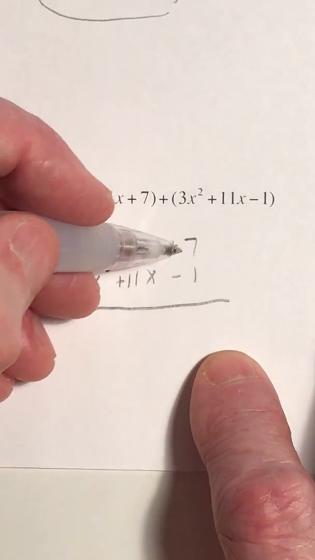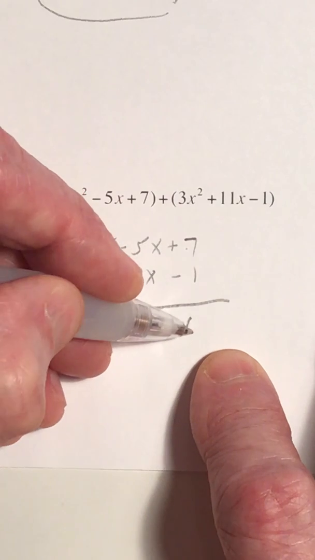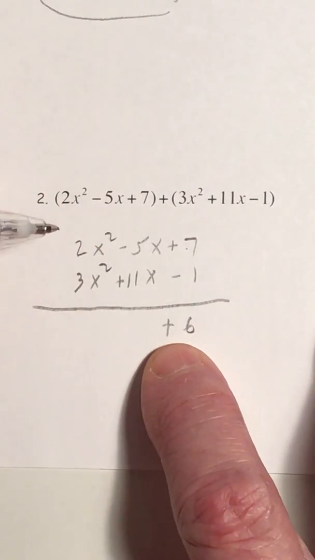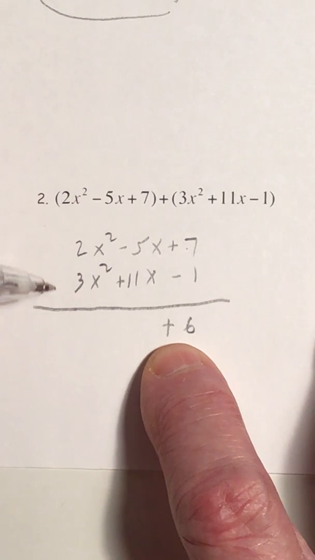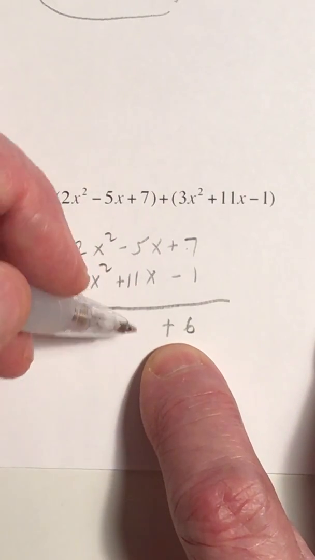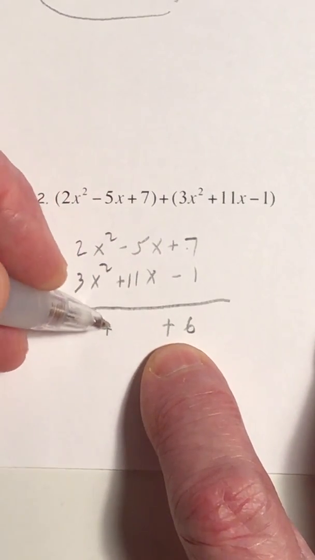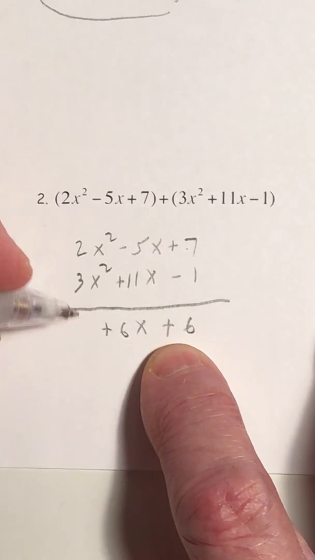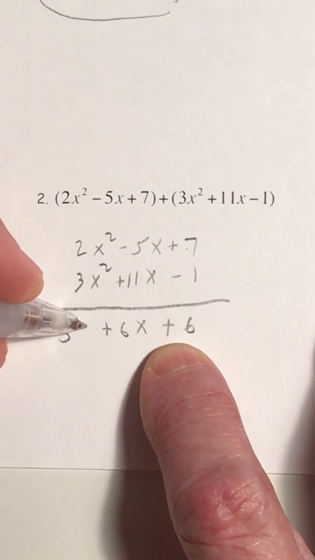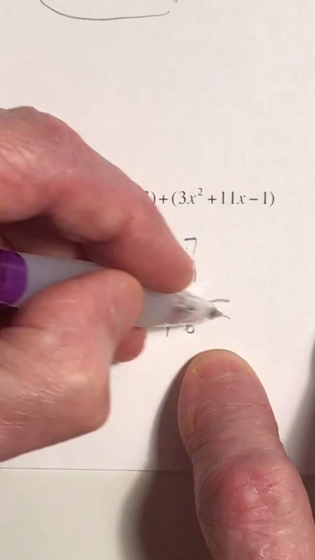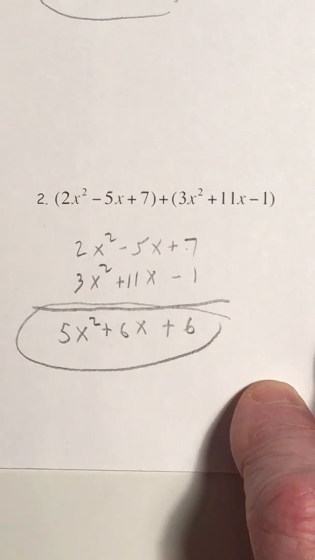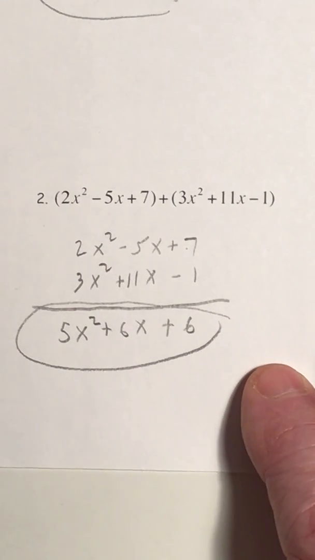Now I just add the columns. 7 and -1 makes 6, and that's a positive 6, so I'll write a plus 6. That plus sign is important, right? Minus 5 and 11, that's 6. Again, that's positive 6, so I write plus 6x. And 2 and 3 is 5. So there is my answer for exercise number 2. Okay, that's the end of page 1.